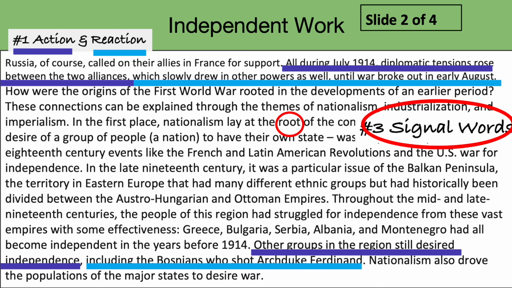We have nationalism at the root. That's telling us that's the cause. So we have a signal word there, root of the conflict. And then if you skip down to the bottom, you'll see other groups in the region still desired independence, including the Bosnians who shot Archduke Ferdinand. Nationalism also drove the populations of the major states to desire war. This is also an example of action versus reaction.